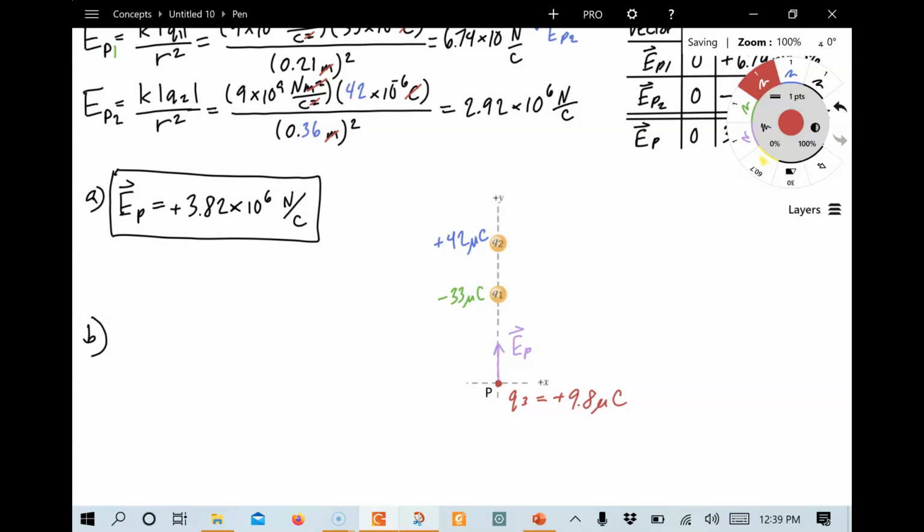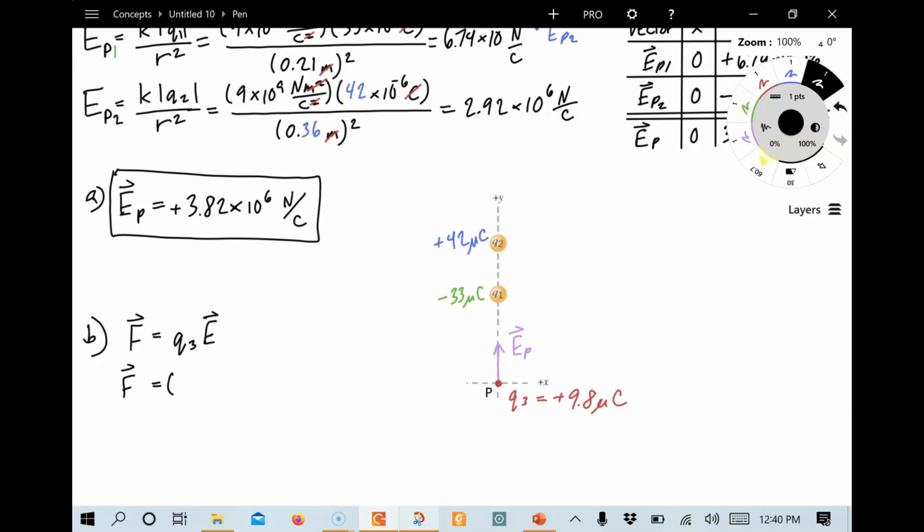And to calculate the force, since we know what the electric field is at that point, we just use this relationship relating the electric force to the electric field and the charge placed at that point where the electric field is located. In this case, we can go ahead and directly plug in our values.